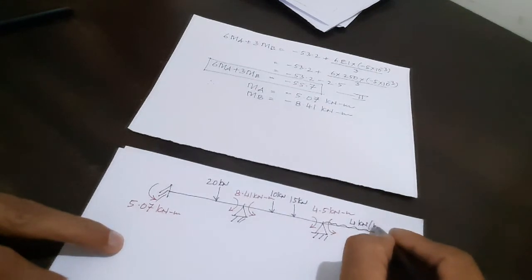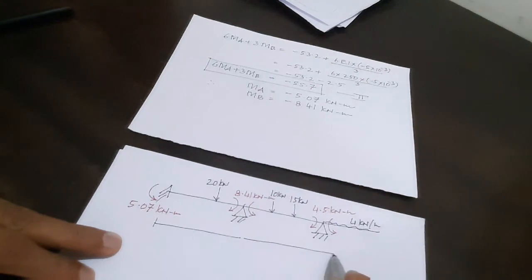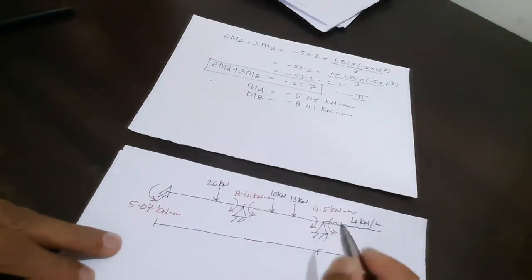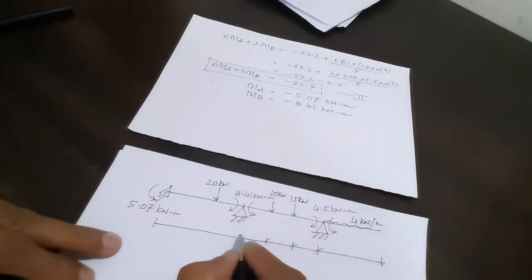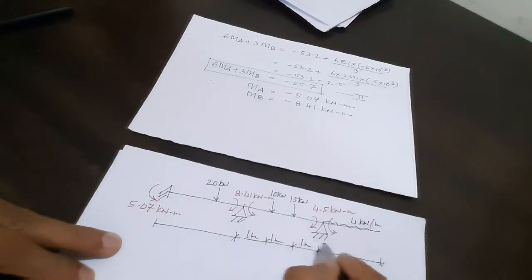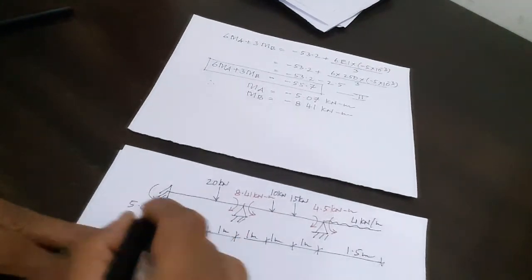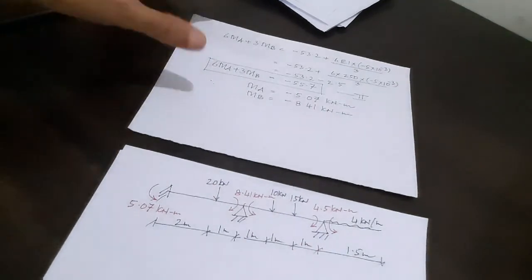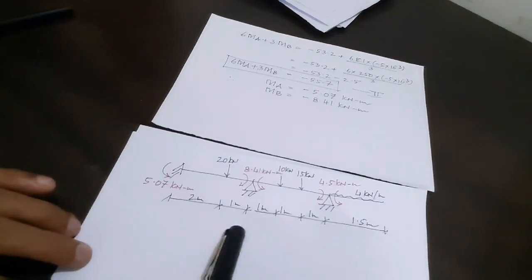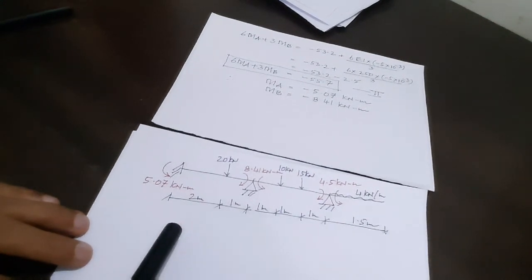So this is how I have represented these obtained moments on the given structure. 1 meter, 1 meter, 1 meter, 1.5 meters, and this is 2 meter and 1 meter. This is how I have represented these moments, MA and MB, on my given structure, and I can plot the bending moment diagram of it, which we will discuss in our next lecture.